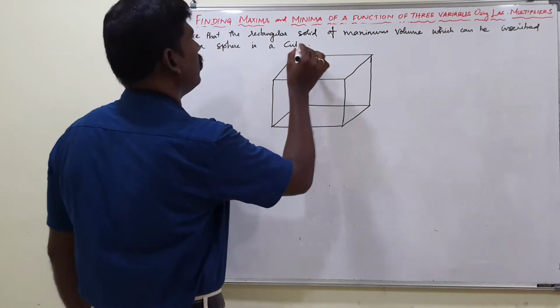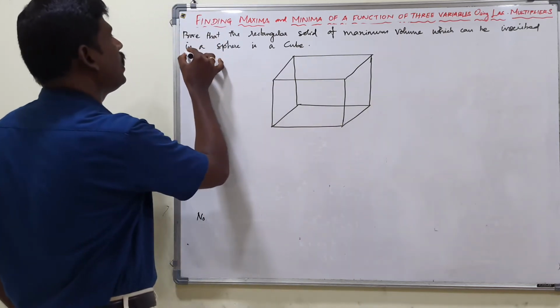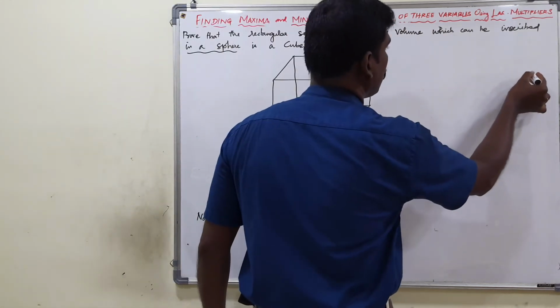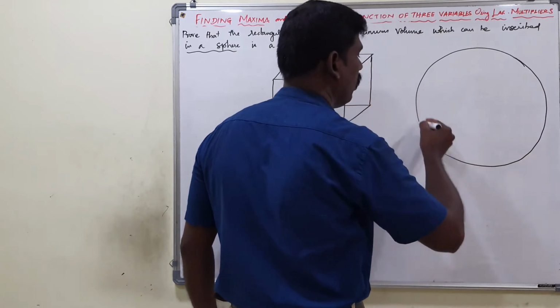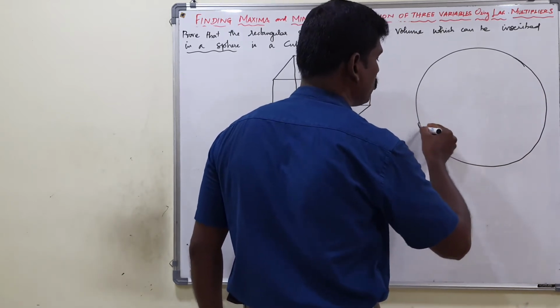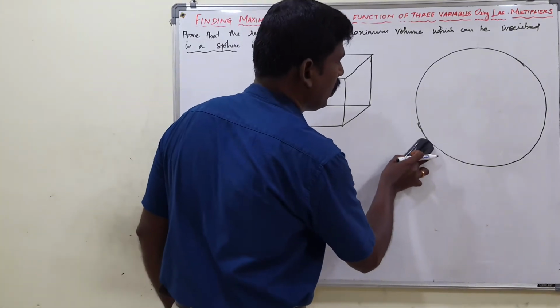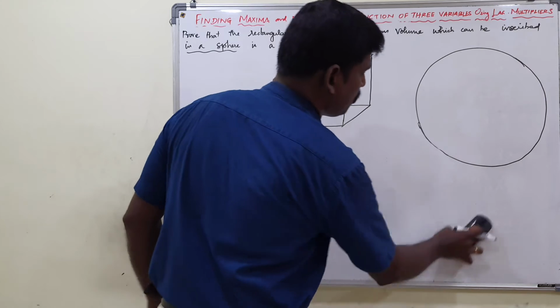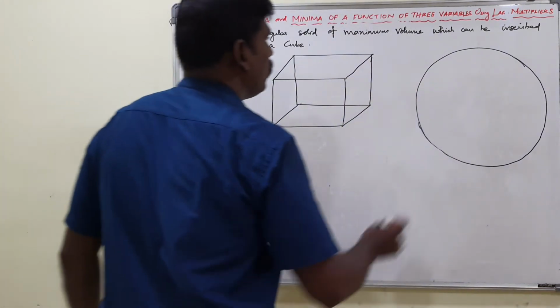So the rectangular solid of maximum volume can be inscribed in a sphere. Try a sphere. A balloon, which is in a spherical shape, is a well-known example for a sphere.